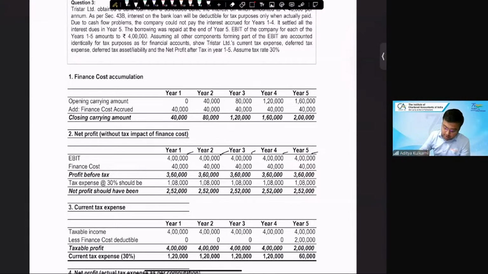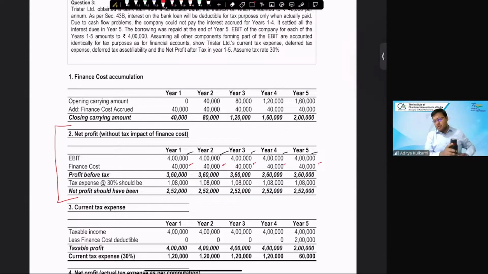Now, finance cost is 40,000. Tell me, paid or unpaid? Should I account for it every year? Yes, sir. Obviously, you have to account for it every year because it is an expense that is getting accrued.